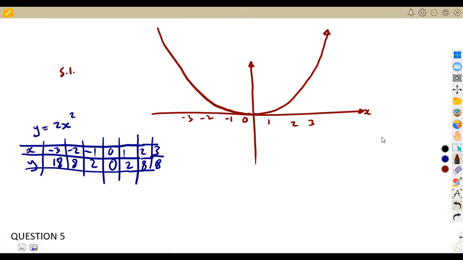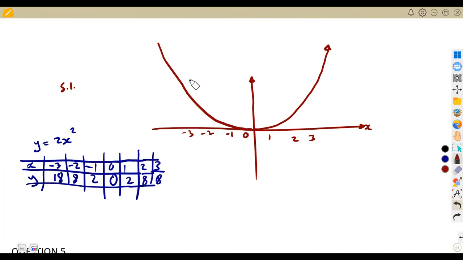They are the same y values for the x which is negative and for the x which is positive. All these y values are taken from the origin going up.